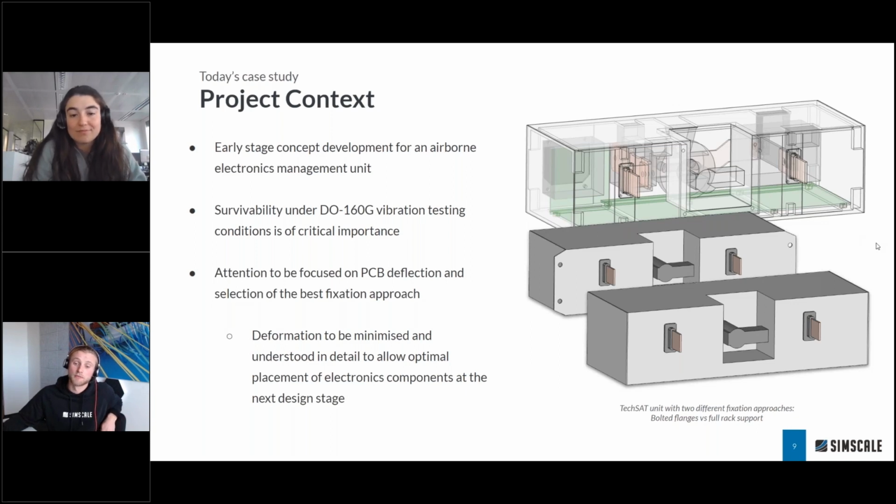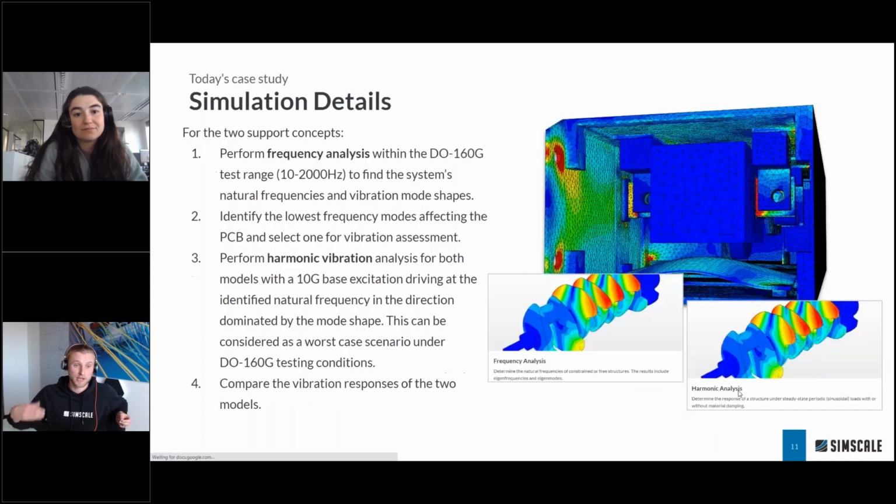So we're going to try two different vibration fixation approaches, one with bolted flanges that you can see here, and one with a full rack support, which is a bit more tight support on the bottom, the sides and the back. So we'll look at two different fixation approaches to understand which is the optimal fixation, and also how we can minimize the PCB deflection for each of those concepts.